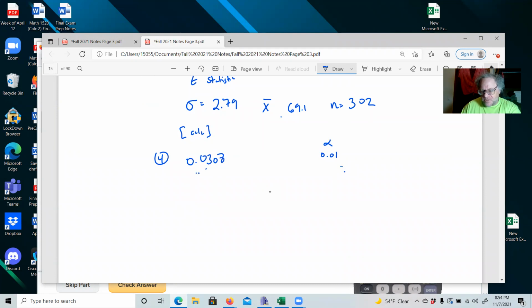This is 3 pennies. It's 1 penny. P-value over here is bigger. So we set our cutoff for noticing a difference at 0.01. We only got down to 0.03. We did not notice a difference. Okay, so we're going to say p-value is larger than alpha, so we do not reject the null hypothesis.